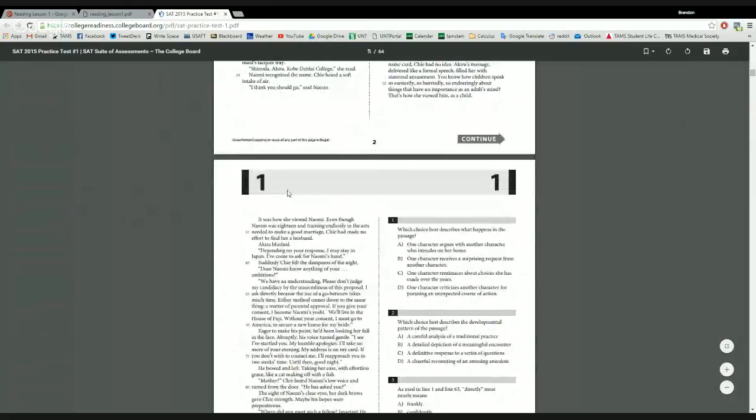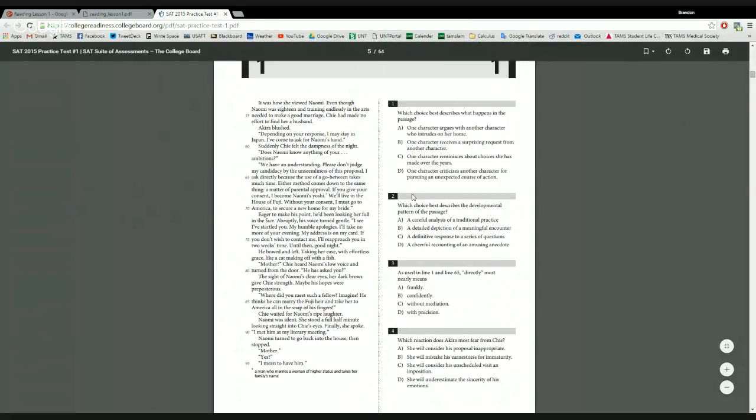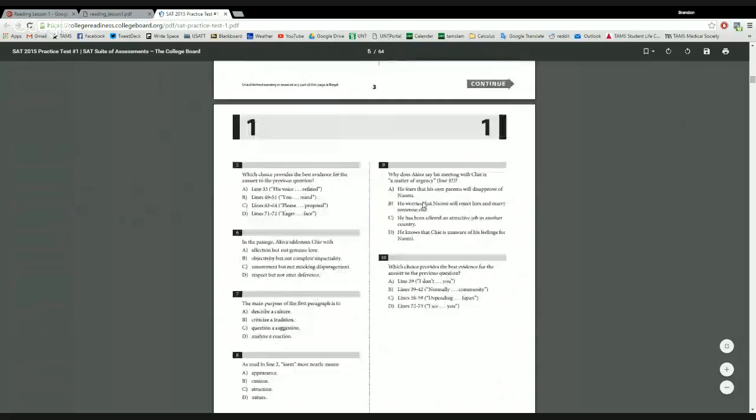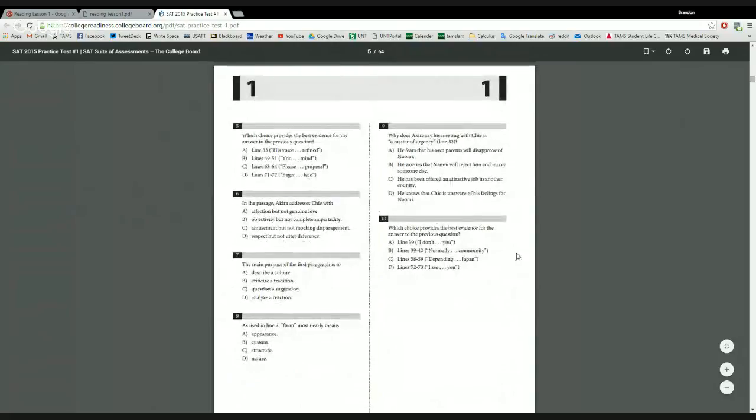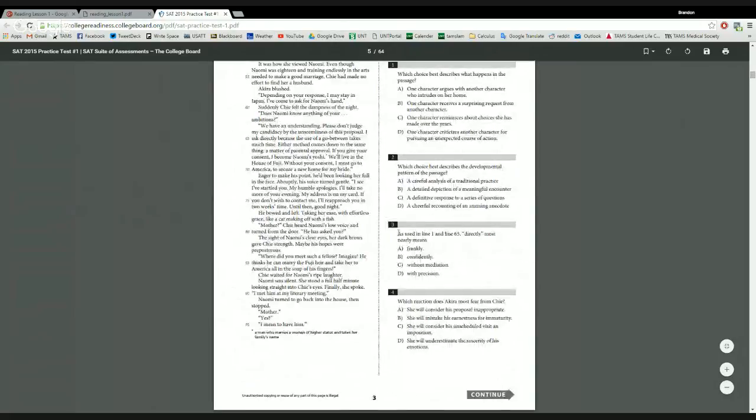So the first rule we try to follow would be to look at all the questions, just skim them and see if they have any line directed questions. And in this case, number 3 would be one question. As used in line 1 and line 65, directly most nearly means.